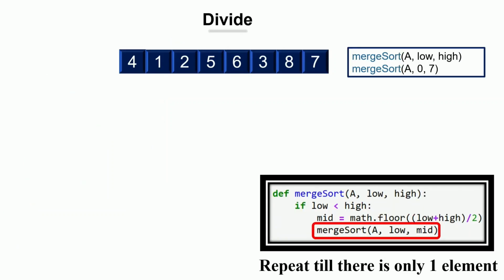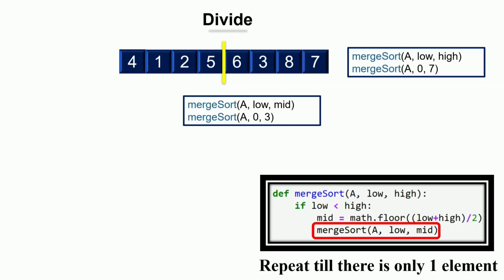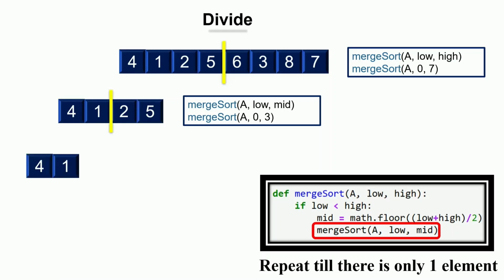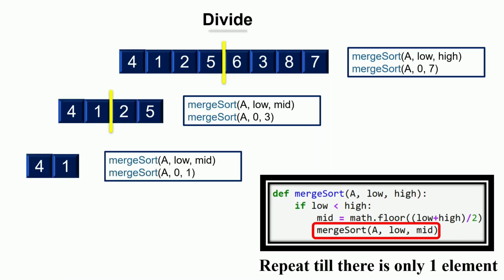Let's see what are the functions that are called. Mergesort on 0, 7 finds the mid value and calls Mergesort on 0, 3, which again finds the mid value and calls Mergesort on 0, 1. Please note it's the same line that is being repeated over and over again in the recursion with different values of mid alone.